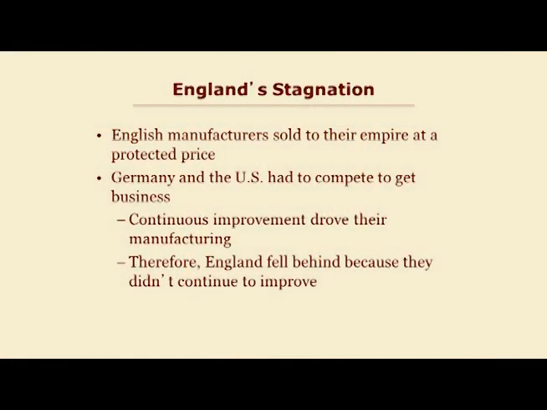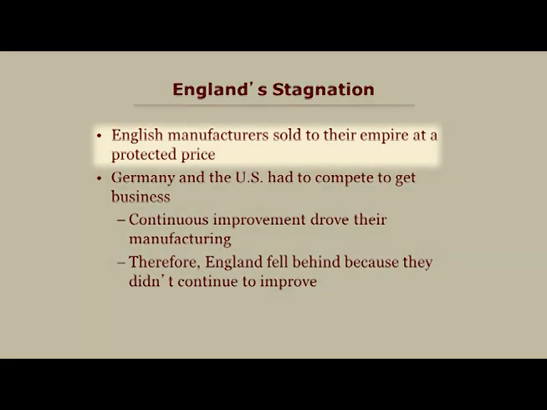One of the reasons that it stagnated is because England believed that because of India and its other colonies, it could get cheap raw materials in, and then it could take its finished goods and sell them under preferential treaties to its colonies. Therefore, English manufacturing didn't have to compete with the rest of the world when it sold to its own colonies. But eventually, that resulted in English manufacturing becoming less competitive and less efficient.